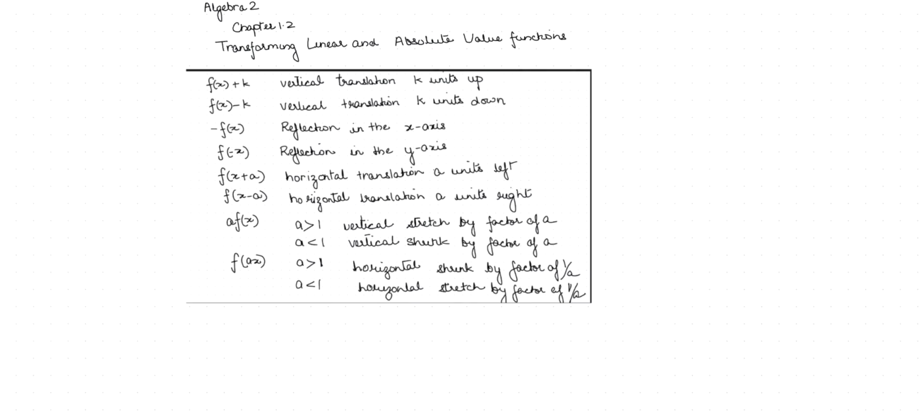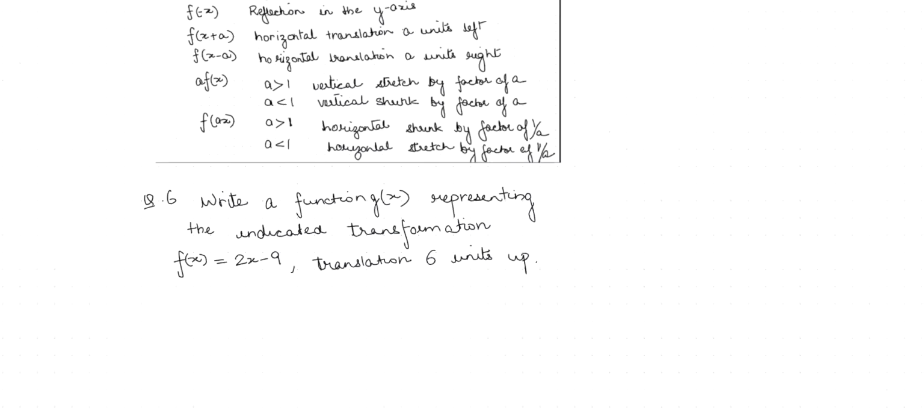So let's do question number 6 from 1.2. In this question, we have to write a function g(x), and f(x) is given, it is 2x minus 9, and we have to do a translation 6 units up.